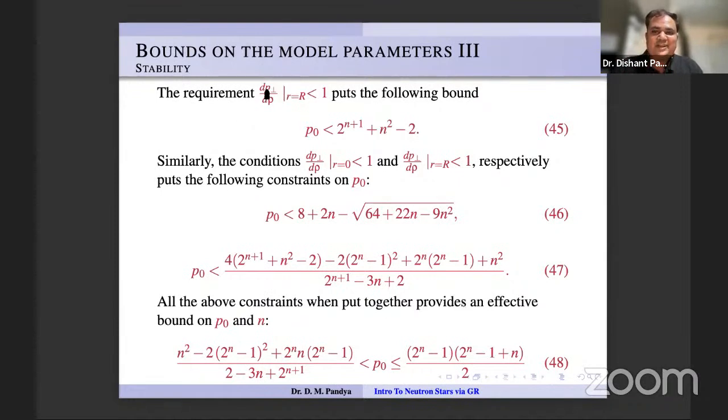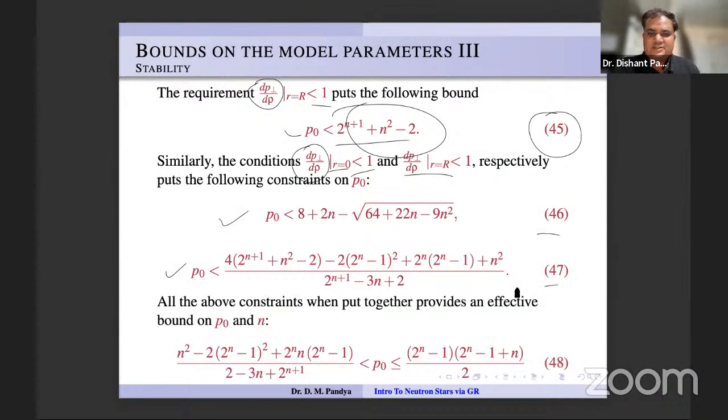I moved further here for the dP_perp/dρ expression, which should be less than 1. Again, our standard requirement, which gives me equation number 45, the right-hand side expression. Similarly, the other conditions, dP_r/dρ less than 1 and dP_perp/dρ less than 1, at the boundary and at the center, will give me these two expressions, 46 and 47.